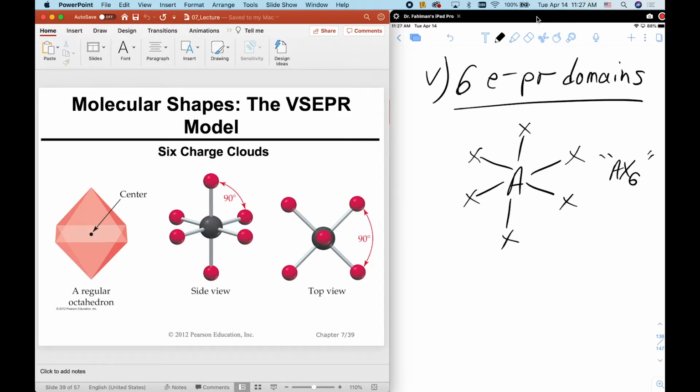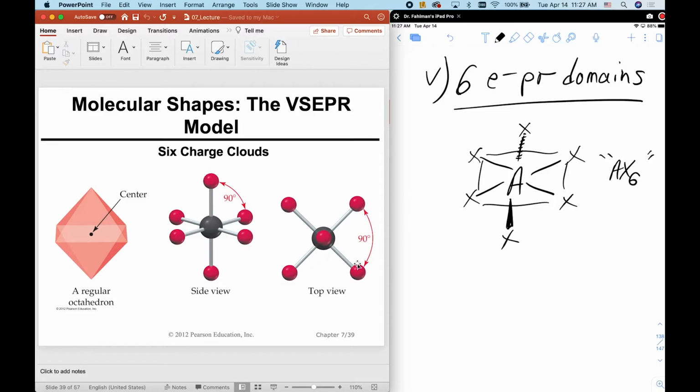One way to think about it, as shown on the PowerPoint, is that you've got these four on the plane of my paper or on your computer screen, and then you've got this one coming out at you and this one going in behind. So these are on your computer screen, this one is coming out, and one is going in behind your computer screen.